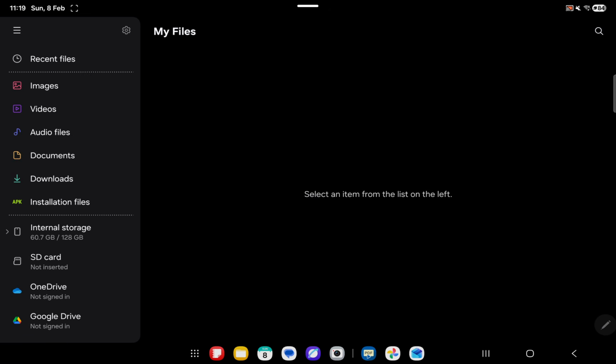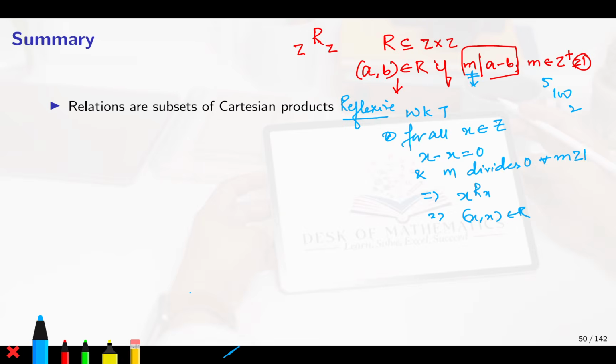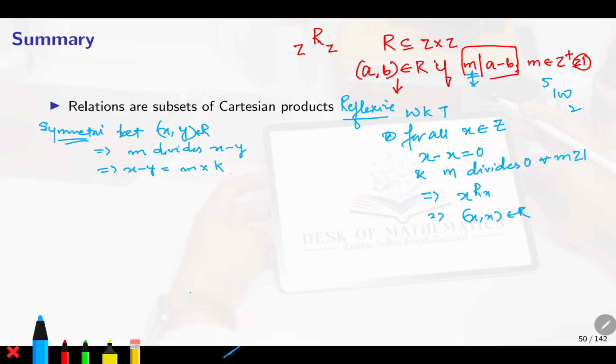Similarly, you have to show that it is symmetric, because you have to show it is an equivalence. Let x be related to y in R. That means m divides x minus y, so x minus y is a multiple of m.